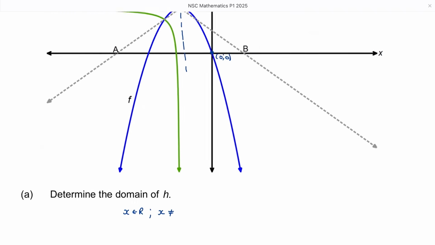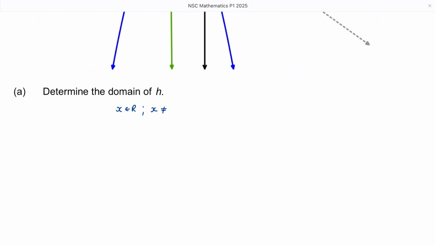Because it's a point of interception, it means that we can equate the two equations for the axis of symmetry together. So the first equation is negative x plus 2, and then the second equation is x plus 6 that we get from the top.